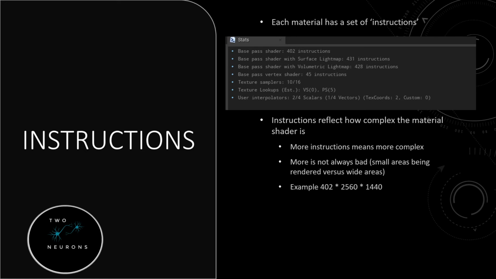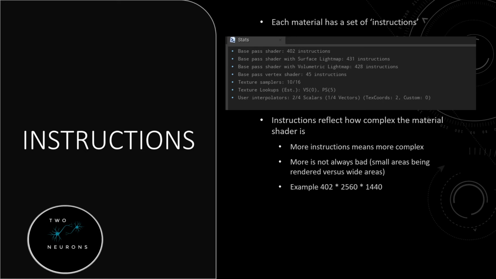That's a lot of instructions. That's 402 instructions per pixel. So the instruction element of it is you telling the computer, hey, you need to run this on these pixels. So you need to run this instruction, or a set of instructions, so 402 instructions per each pixel.